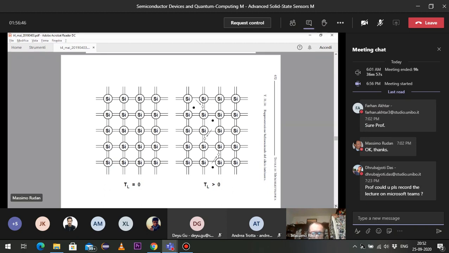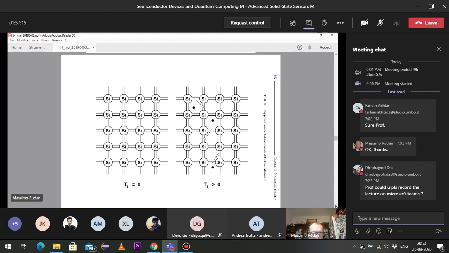The left part of the figure represents the situation at 0 Kelvin. At 0 Kelvin, there is not enough energy in the crystal to make any electron free to move. So all electrons are forced to stay attached to the corresponding atoms.